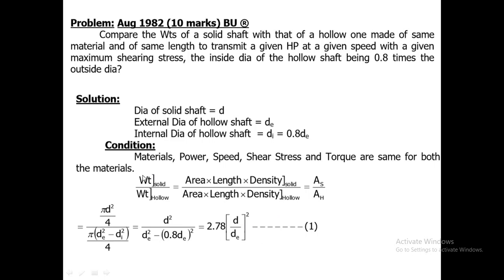So now we know the weights with respect to the area. Since the diameters are known, I will go to the area of the solid shaft, pi d square by 4, and the area of the hollow shaft, we substitute that, we will get 2.78 d by d square. This is the ratio of the outer diameter of the solid shaft and outer diameter of the hollow shaft.